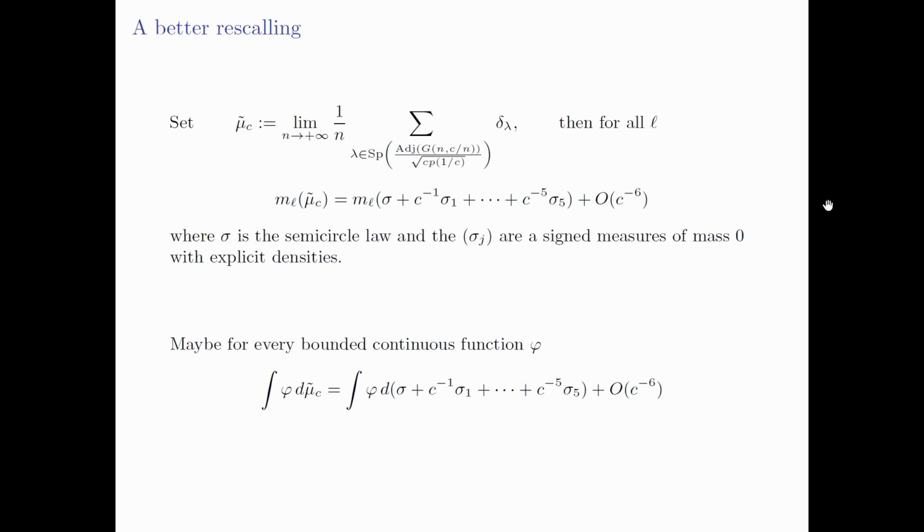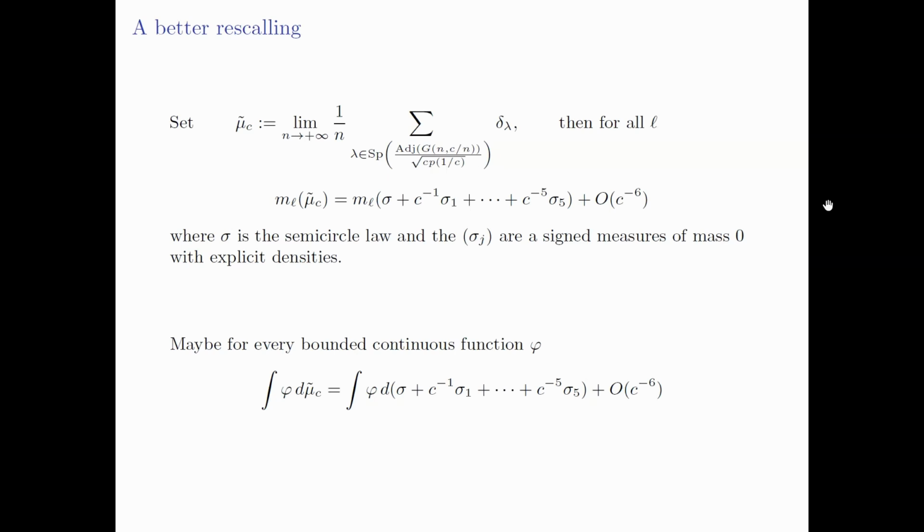The reason is that it has a clear implication for the empirical spectral distribution. If we look at the different empirical spectral distribution, it's different because here, instead of just dividing by square root of C, we divide by square root of C multiplied by P of 1 over C. So P is in there.